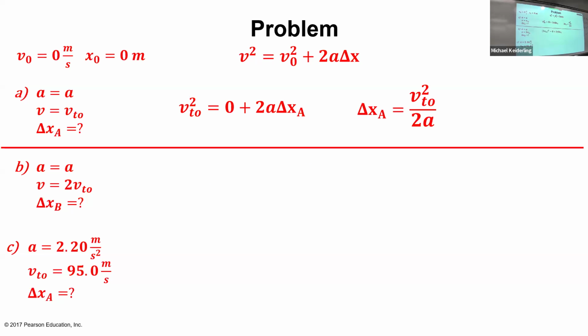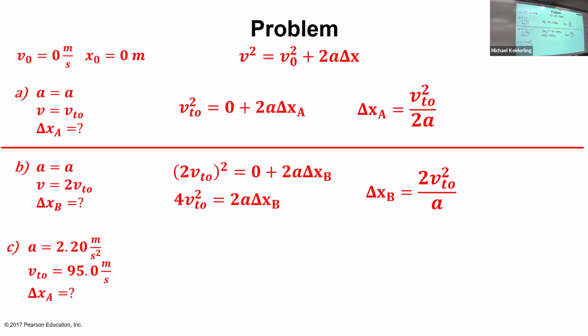If we do the same thing for B, instead of v takeoff, we have 2 times v takeoff. So we get 4 v takeoff squared equals 2a times delta xb. We divide both sides by 2a. We get 2 times v takeoff squared over acceleration.